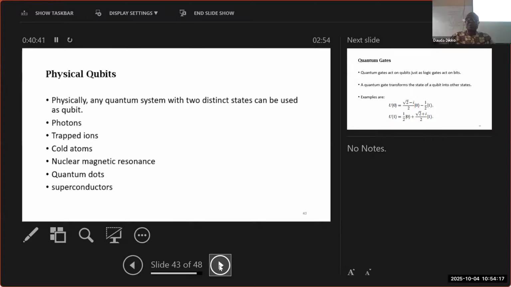For example, consider a photon. A photon, like I said, is a unit of energy. So a photon can be polarized. When it is polarized, it can be in the vertical position and the horizontal position, or can also undergo superposition.